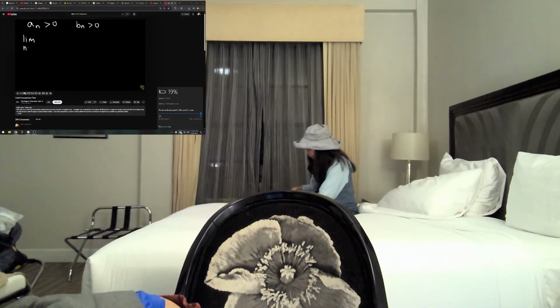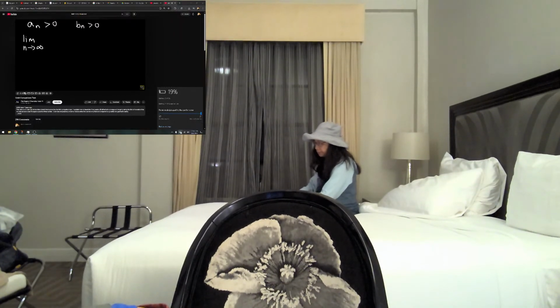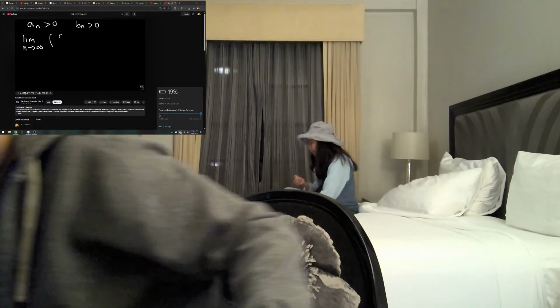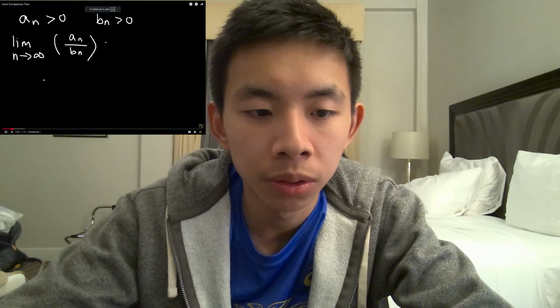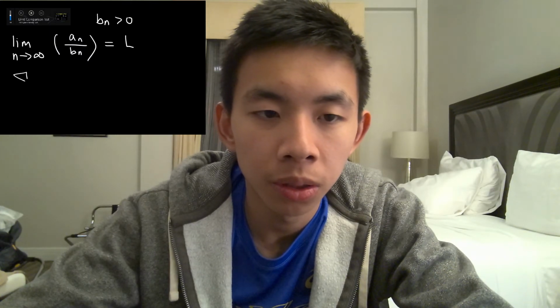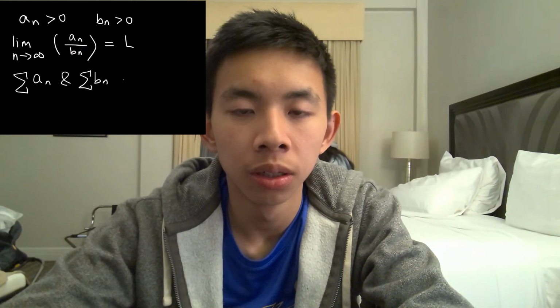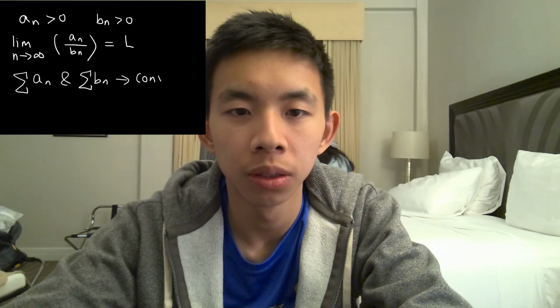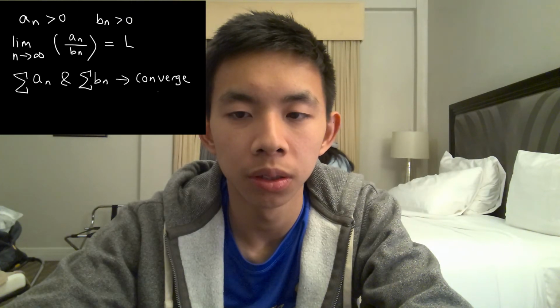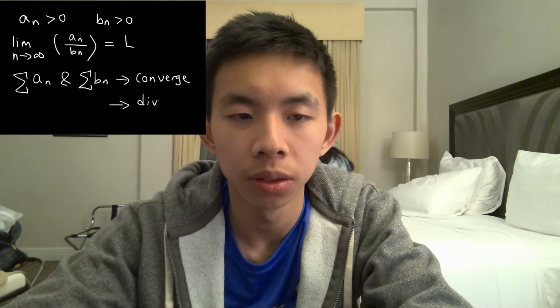If we take the limit as n approaches infinity of a sub n divided by b sub n, and if we show that it's equal to some positive finite number L, then we can make this conclusion that these two series will both converge or they will both diverge.